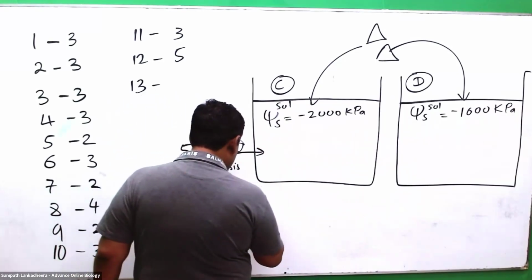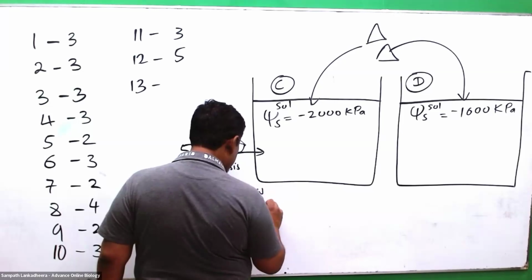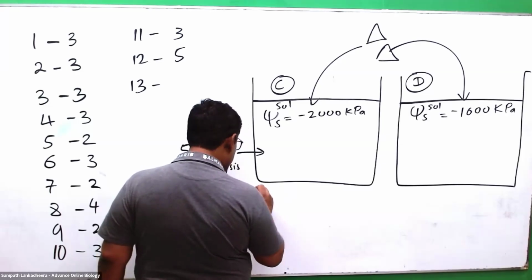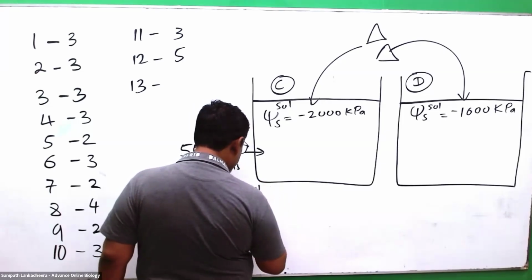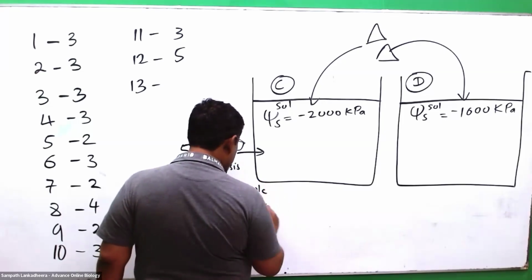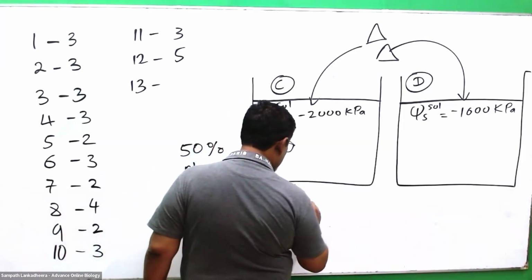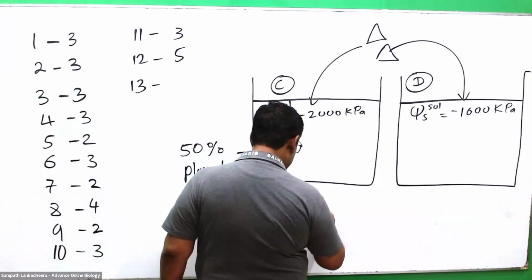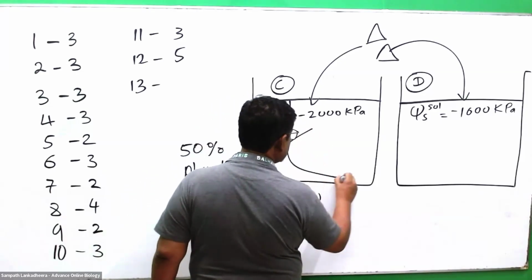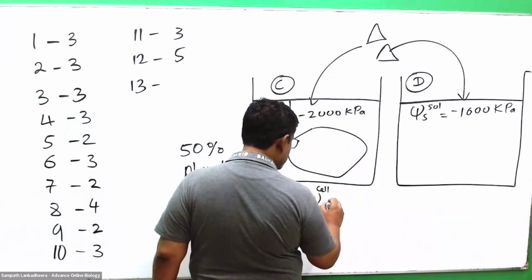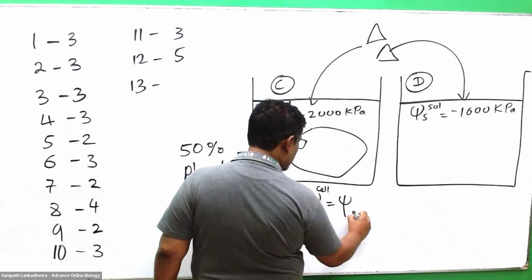Then you know this relationship. What is that? The water potential of the outer solution, solution C, is equal to the solute potential of solution C, which is equal to the water potential of this cell, and the water potential of the cell is equal to the solute potential of the cell.